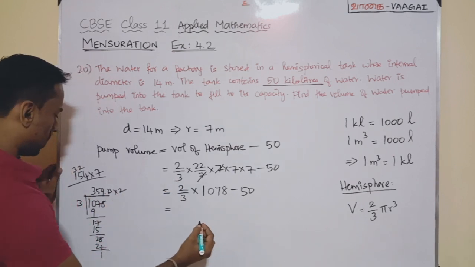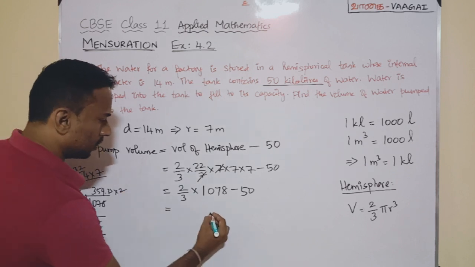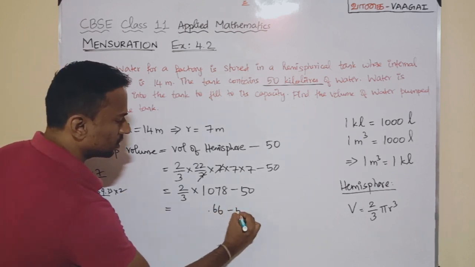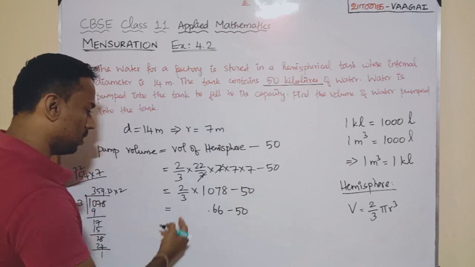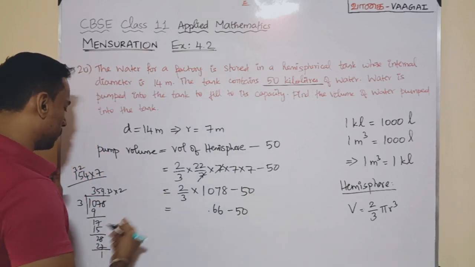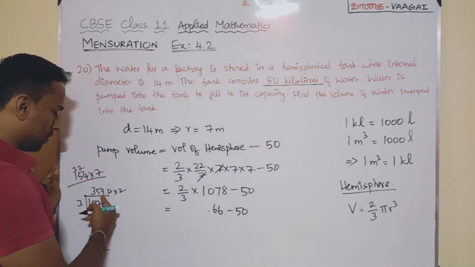So 359.33 into 2 will be, 0.33 into 2 will be 0.66. Now the whole number part I have to multiply by 2.